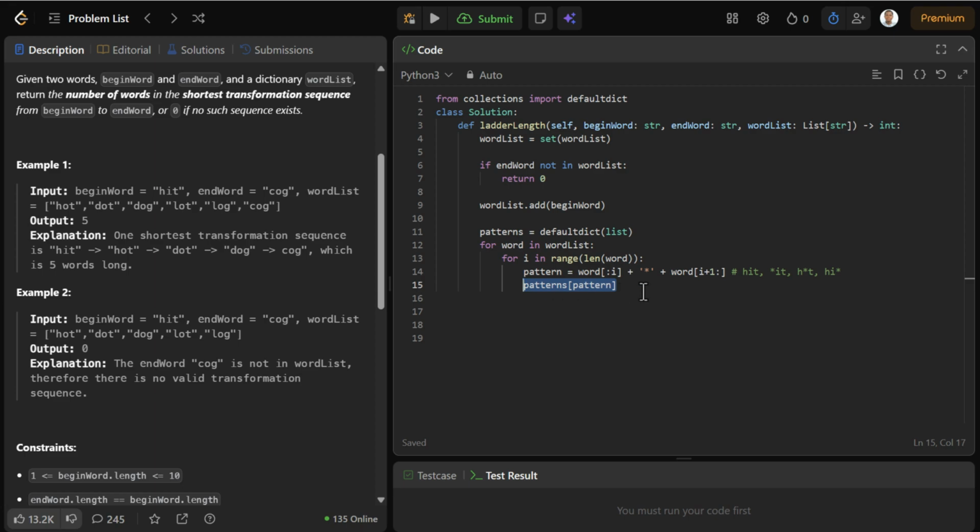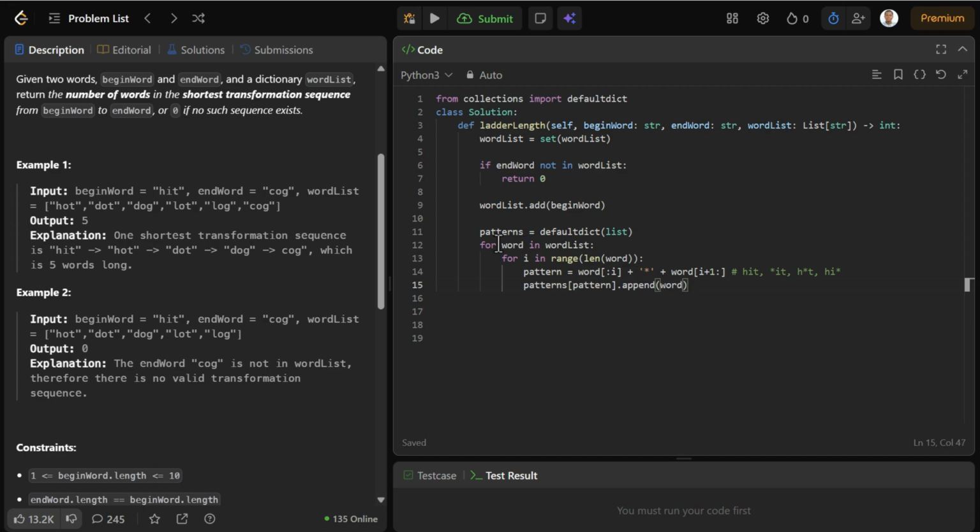Since we already have a default dict, when I want to add a pattern I'm just going to append. This is a dictionary, and the default value here is a list. So if I call a particular key from that dictionary, it's just going to return an empty list. Then I can append the word, which is going to be a word here.